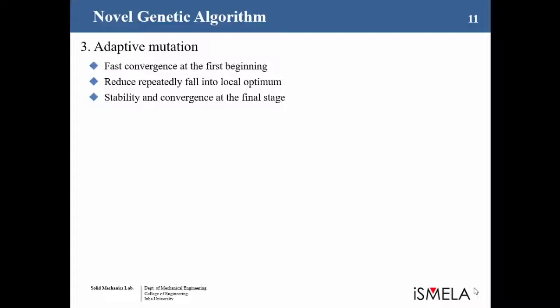To solve this problem, we noticed that at the very beginning, a small mutation probability is good for quick convergence, and as iteration goes on, the number of similar individuals will increase rapidly, and at the end, stability and convergence are very important.